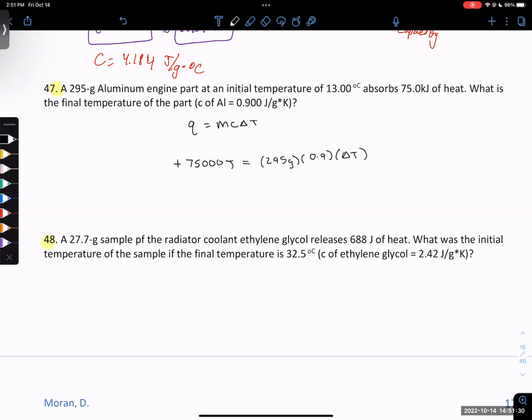Okay, we get some number, 282.49. So delta T is equal to 282.49. We all see where we've got that so far, right?